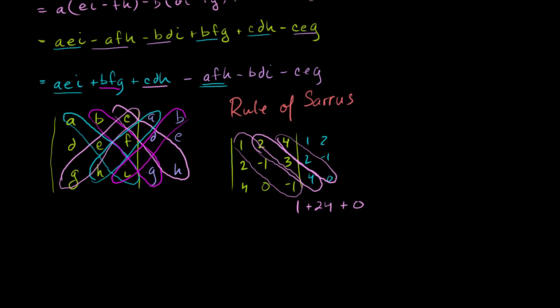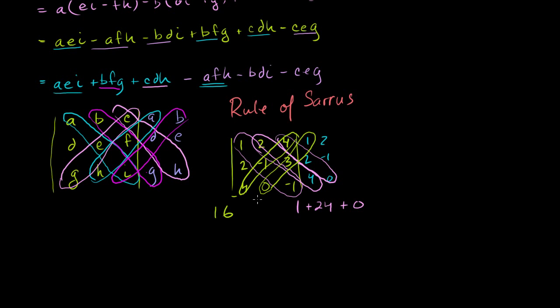And then we subtract out these guys. So you have 4 times 4 times minus 1. That's minus 16, but this is on the minus side of things. So it's 4 times minus 1 times 4 is minus 16, but since we're going to do a minus on it, it's going to be plus 16. Then you have a 0 times 3 times 1.